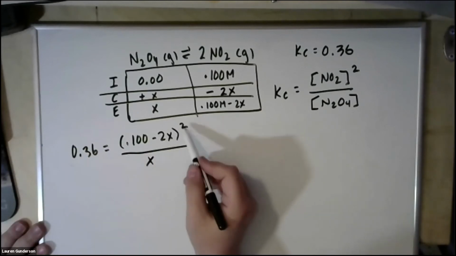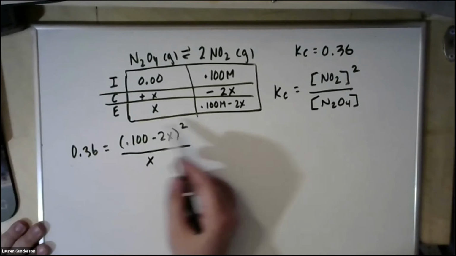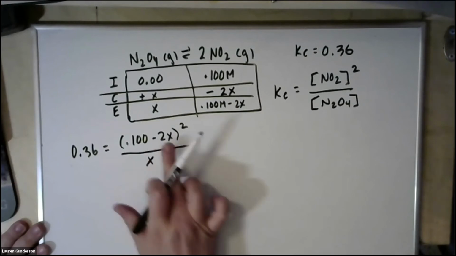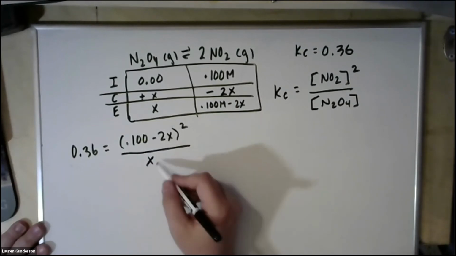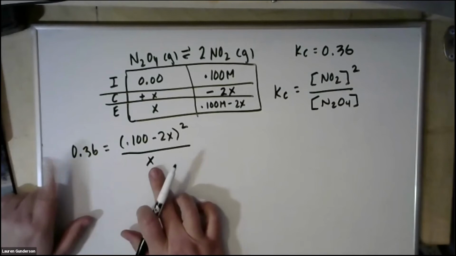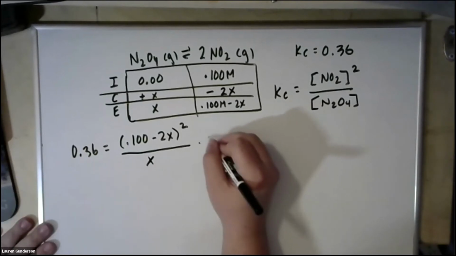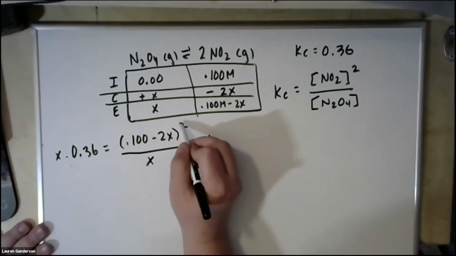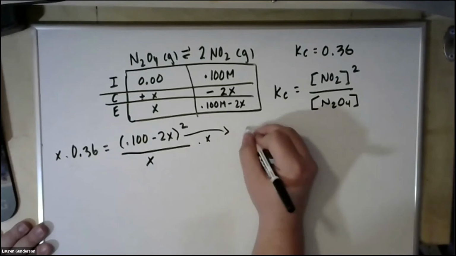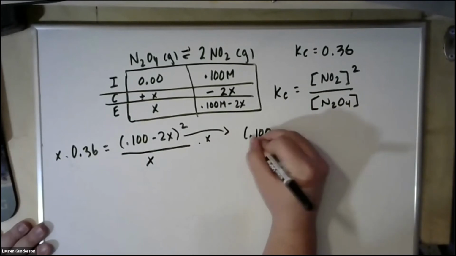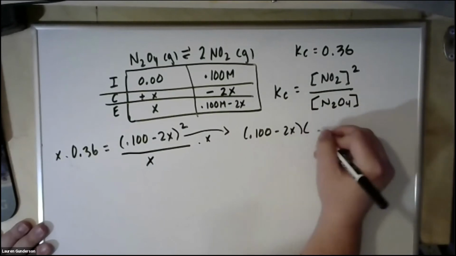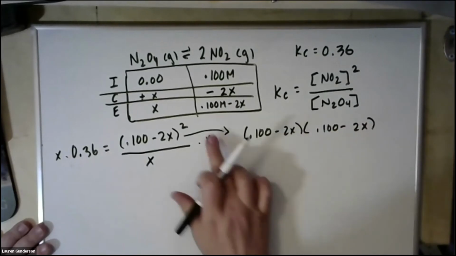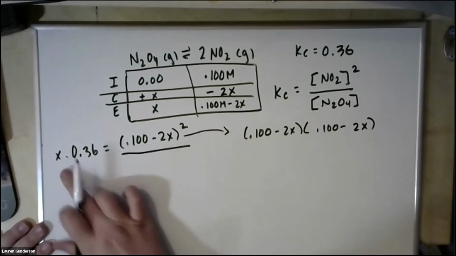We have to kind of, is it called foiling, we have to solve this squared expression out. And we have to multiply both sides by x so we can get x out of this denominator. Okay, so I'm going to multiply this by x. And I like to rewrite it, especially when we're first doing it, so we can see it. Okay, so I'm going to just get rid of that because I moved it over here.